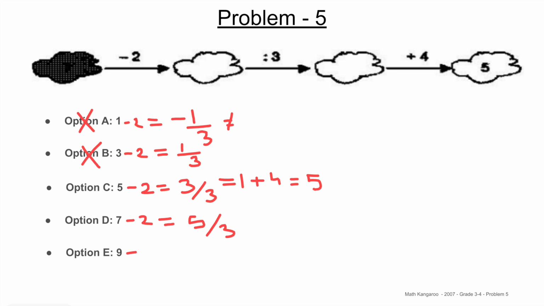Start with 9. 9 minus 2 gives us 7. 7 divided by 3, again, it's not a whole number. It's a fraction. So we eliminate it too. So looking at this, our answer is option C, 5.